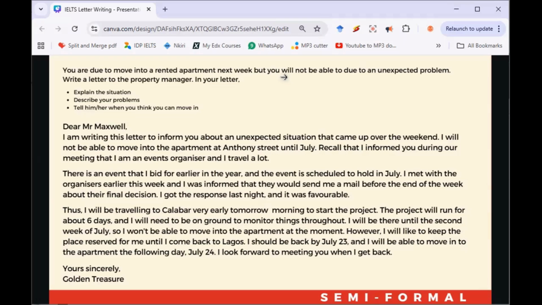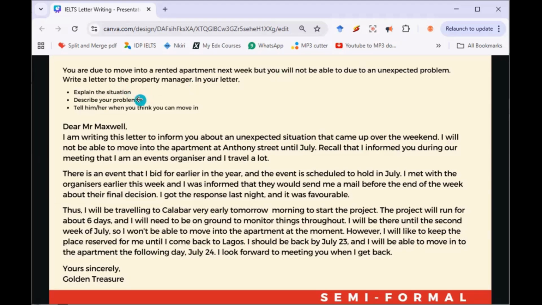I met with the organizers earlier this week and I was informed that they would send me a mail before the end of the week about their final decision. I got a response last night and it was favorable. Thus, I will be traveling to Calabar very early tomorrow morning to start the project. Can you see that? He has explained the situation.